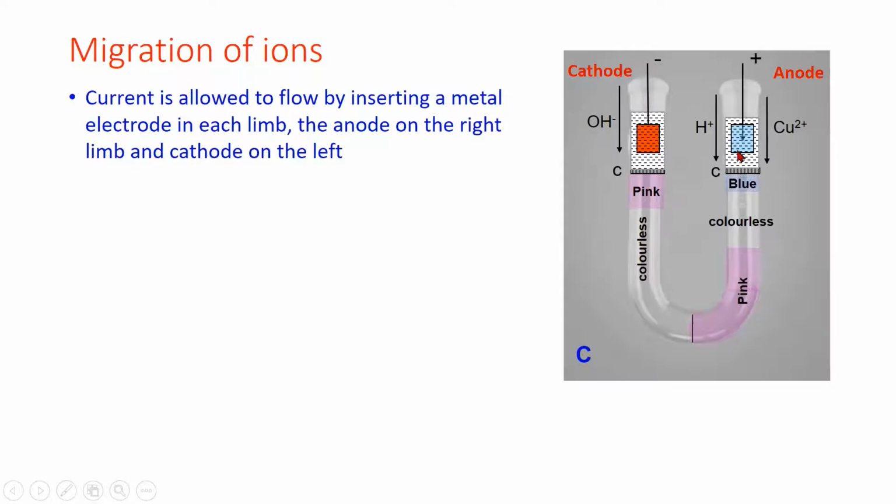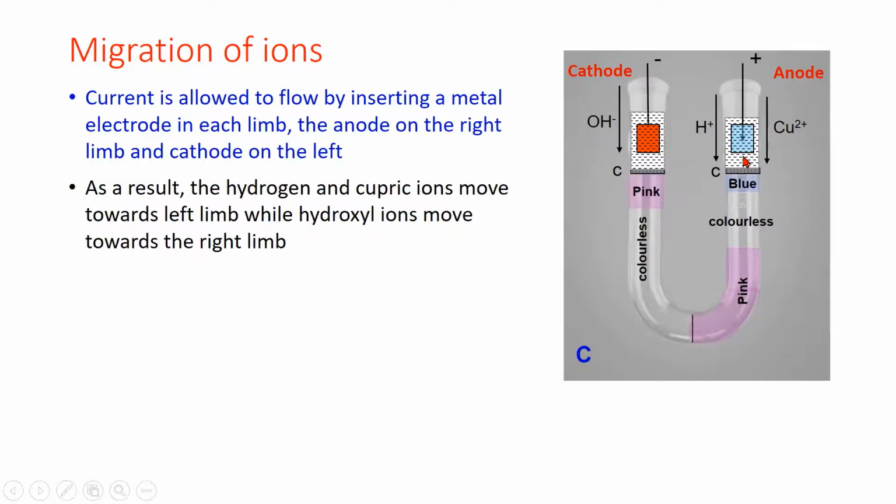Current is allowed to flow by inserting metal electrodes in each limb. Hydrogen ions and cupric ions move towards the left limb, while hydroxyl ions move towards the right limb.